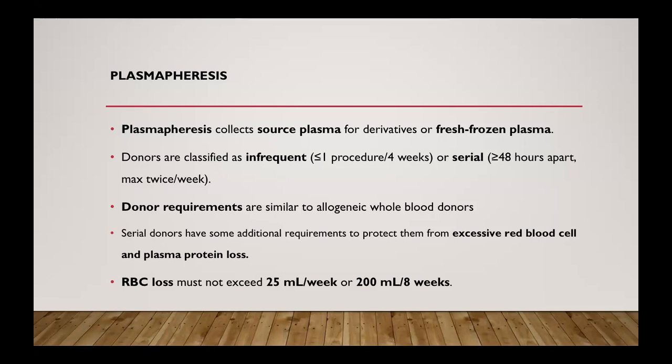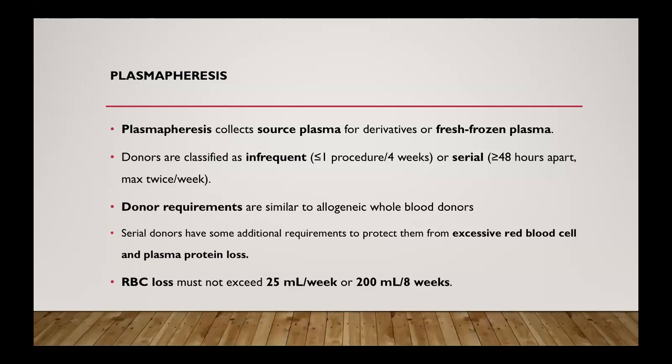But those called serial donors donate plasma serially, like a maximum of twice a week, and the interval between one donation and the other should be at least 48 hours.